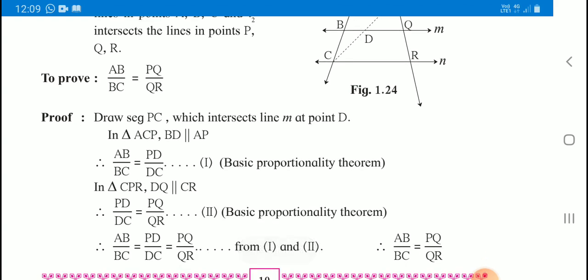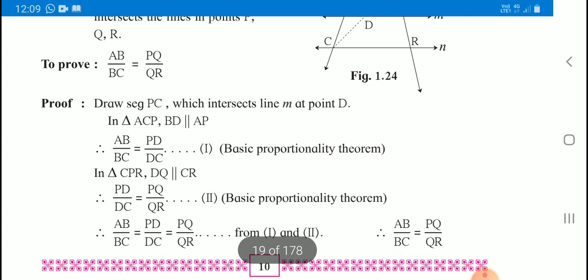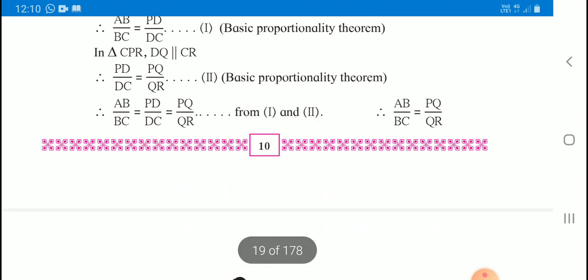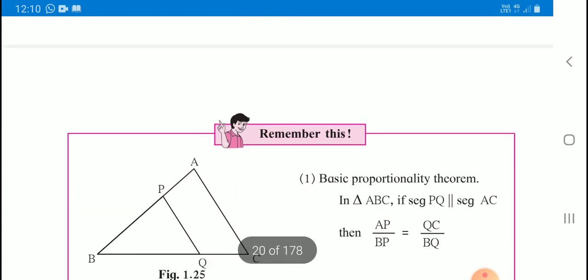Therefore, from 1 and 2, we can write AB upon BC is equal to PD upon DC is equal to PQ upon QR. Since PD upon DC occurs two times, we write it one time only. Therefore, AB upon BC is equal to PQ upon QR. Hence, we proved the theorem.